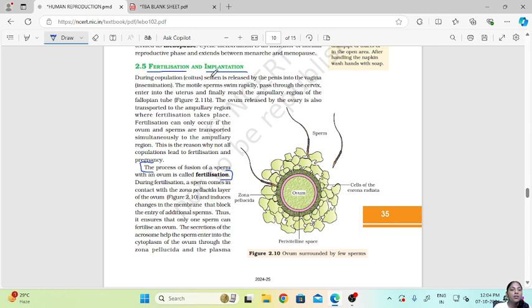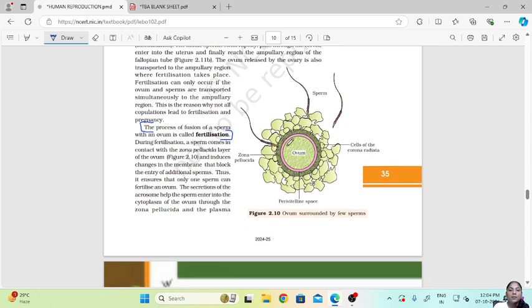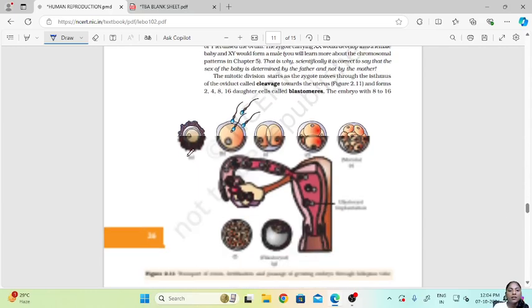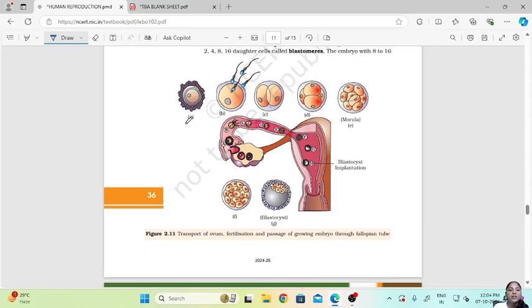As we can see in this diagram, the sperm has come in contact with the zona pellucida layer and it will stop the entry of any other sperms into the ovum. Then in this diagram we can see that the egg which is released comes to the ampullary-isthmic region, and the sperms also travel here, and here the fertilization takes place.